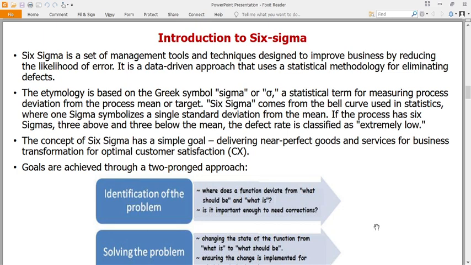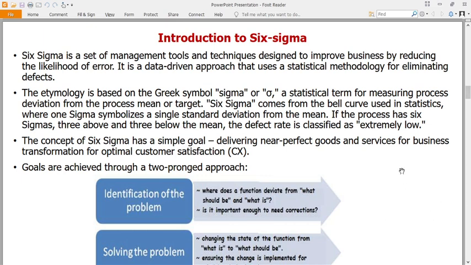In other words, the processes of the company, how deviated are they from the anticipated process. So it is a set of management tools and techniques designed to improve business by reducing the likelihood of error. So it looks at eliminating defects or errors.